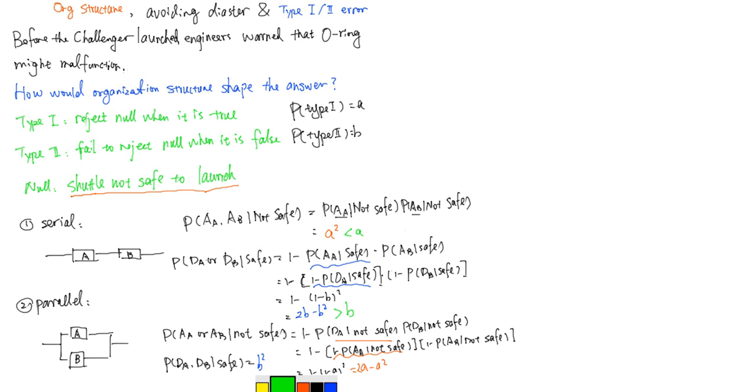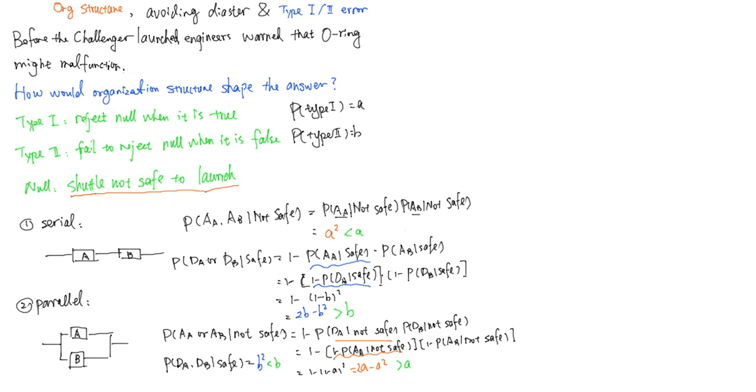And as previously, it's easy to show that 2a minus a squared is larger than a, and b squared is smaller than b. So parallel structure helps you to reduce the type 2 error, but it increases the type 1 error. So in this case, parallel structure will make you more aggressive.